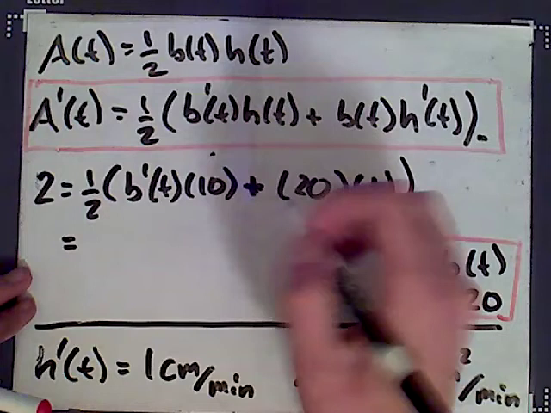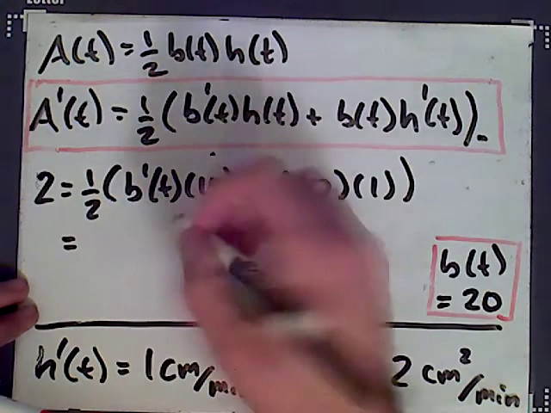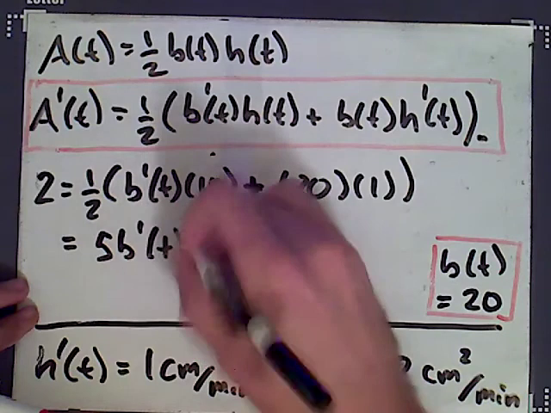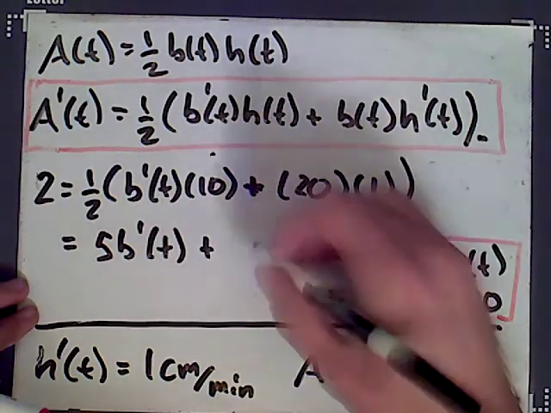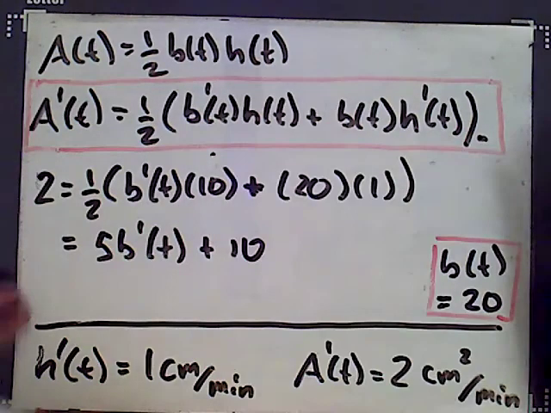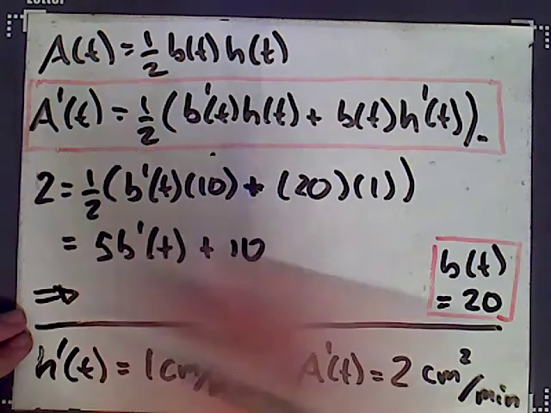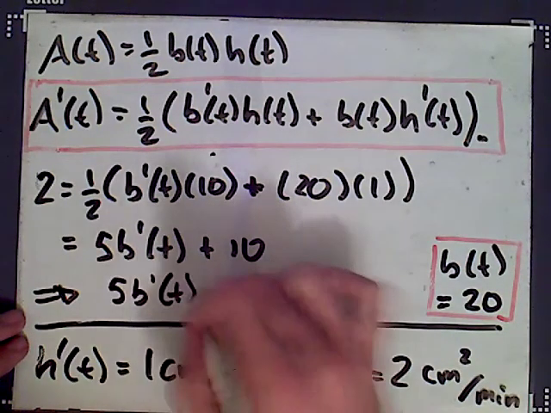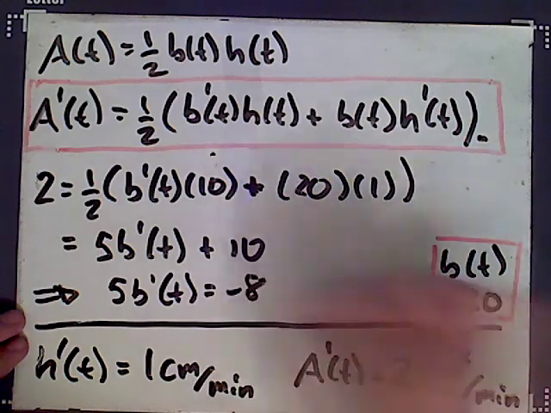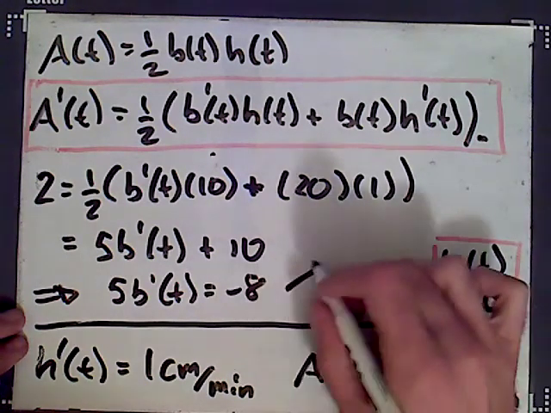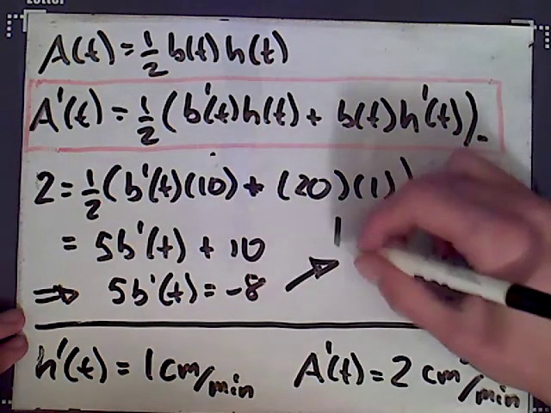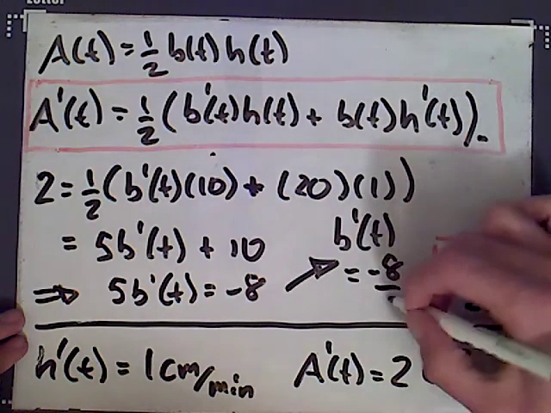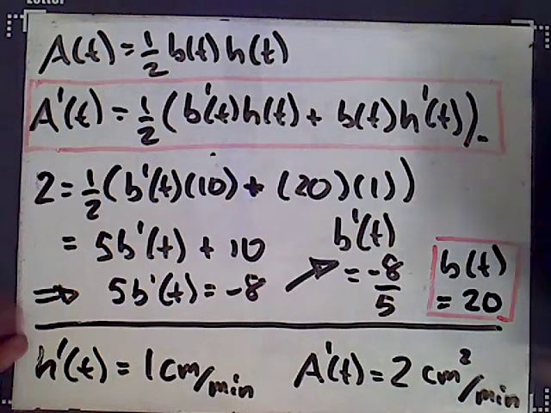So we get, in the end, 5 B prime of t plus 10 equals 2. Solving for B prime of t, 5 B prime of t is -8. And so finally, B prime of t is -8/5. And that's our answer.